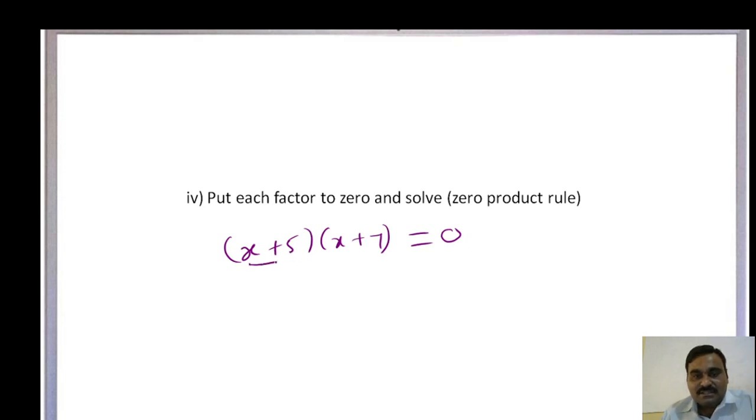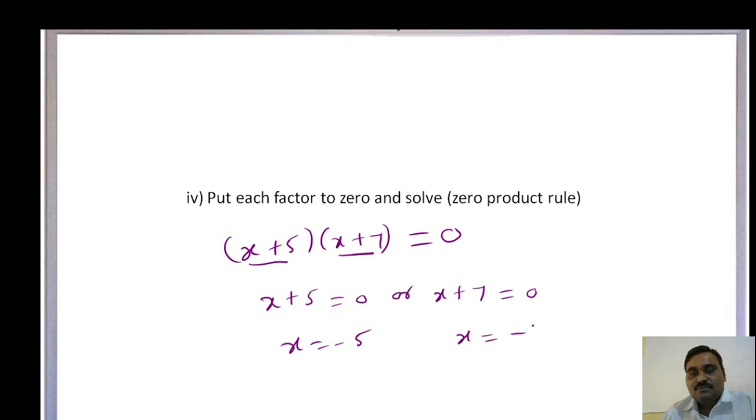Each factor should be equated to 0. That is, x plus 5 is equal to 0 or x plus 7 is equal to 0. When you equate to 0, the value of x is x is equal to minus 5 or x is equal to minus 7. This is called the zero product rule.